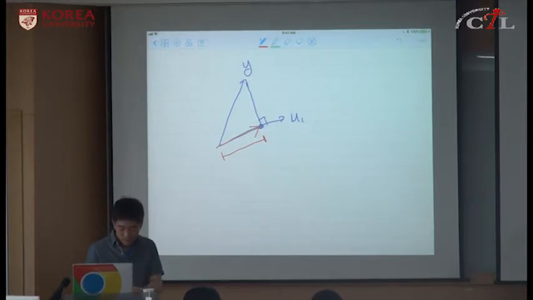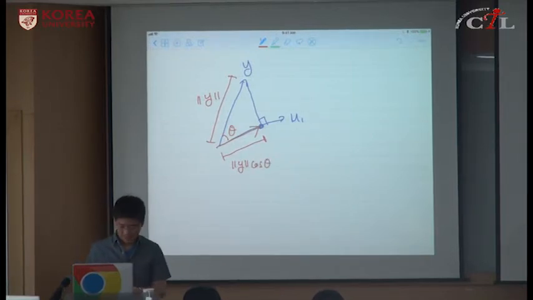Let's utilize the characteristic of cosine theta. So what is the vector length? It is this, and suppose we have a theta here.